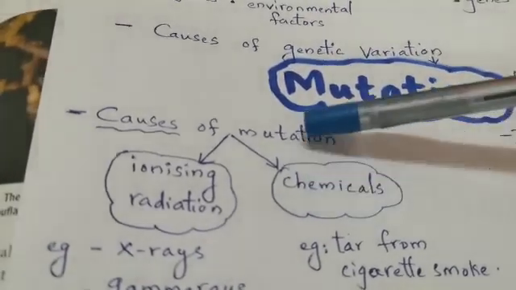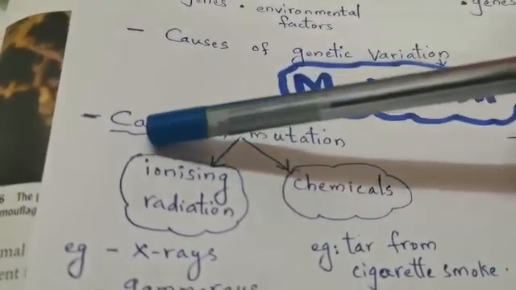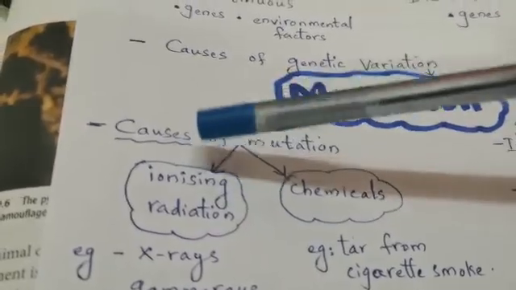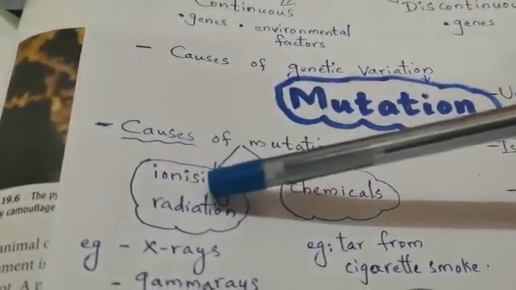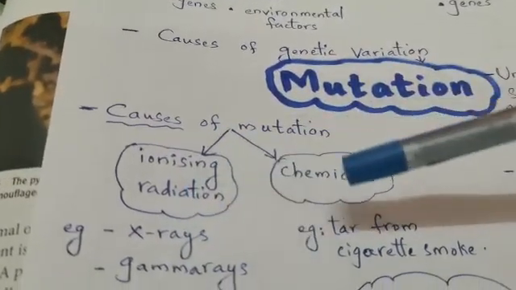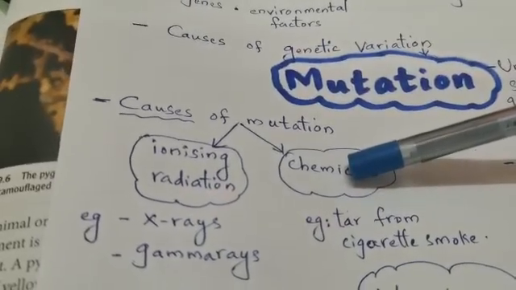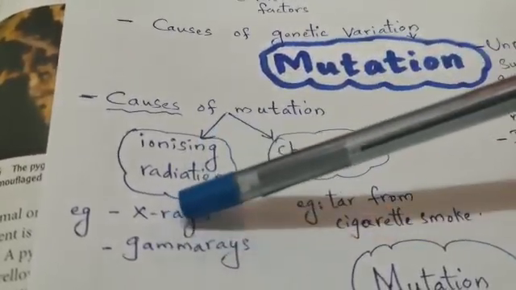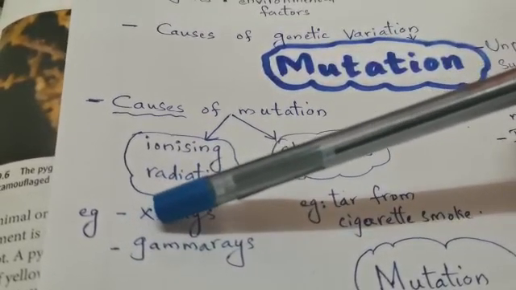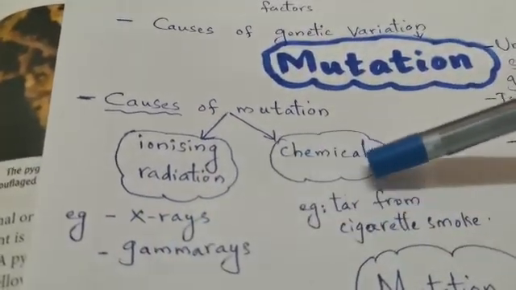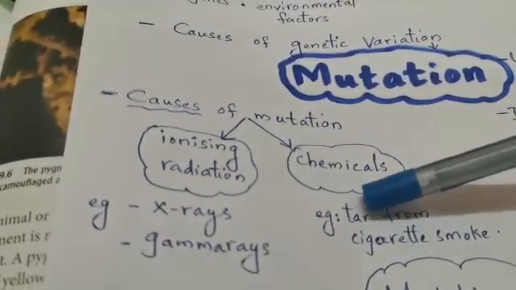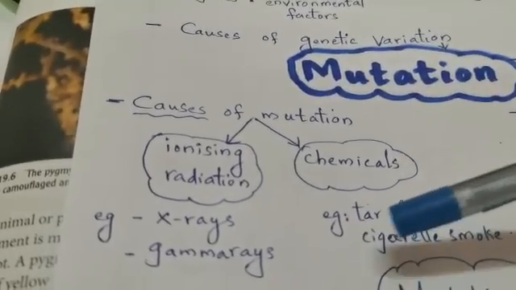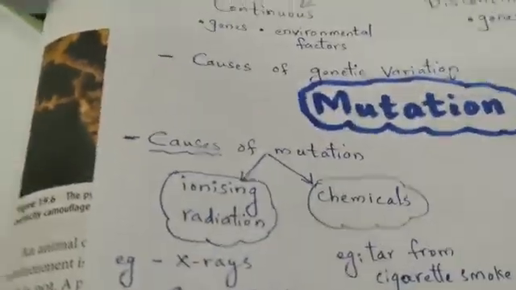So two causes are there for the mutation we want to learn: ionizing radiation, by exposure to x-rays or gamma rays, and chemicals such as tar from the cigarette smoke. These are the causes of mutation.